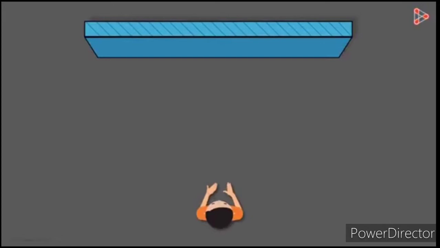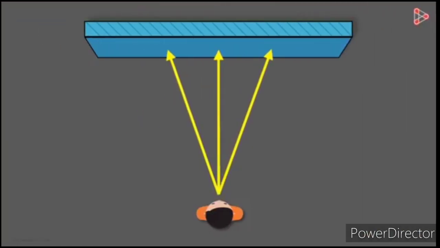Now, for example, take this case. Consider that you are clapping in the open space where you have a rigid wall in front of you. When you clap, you hear your sound again and again. Why does it happen? This is because the incident wave travels in all directions. When it meets the obstacle, it gets reflected back, right?